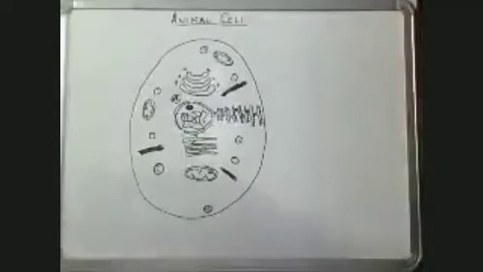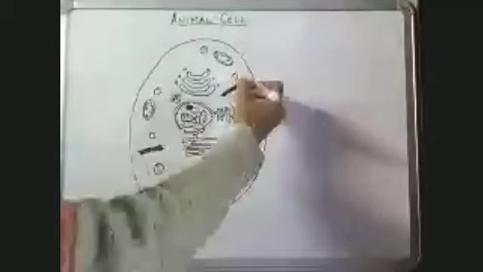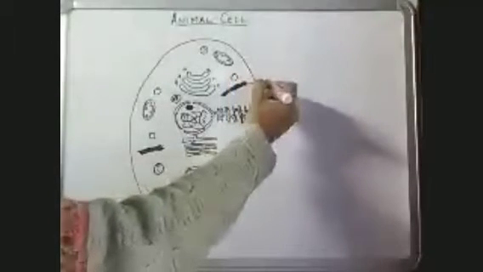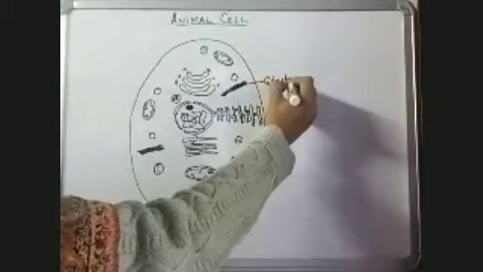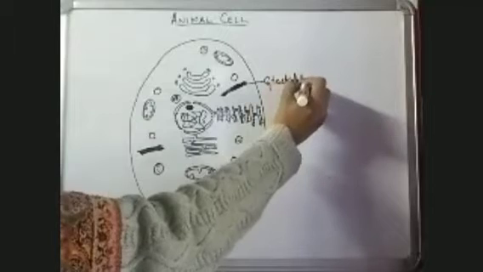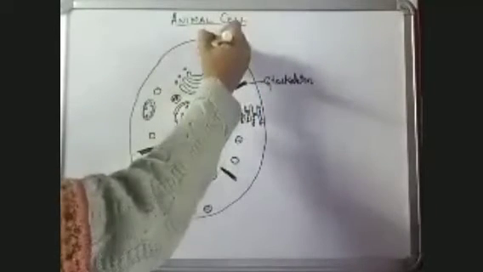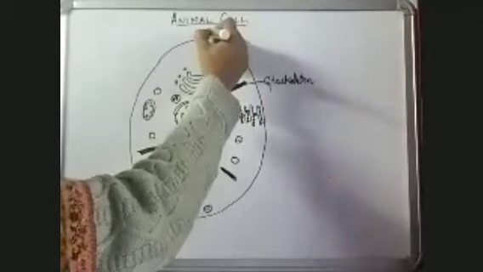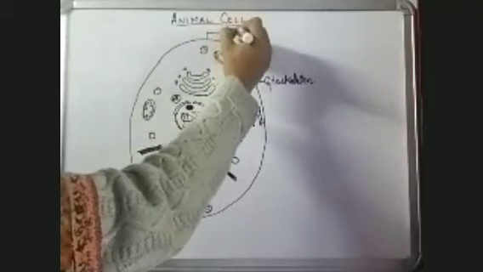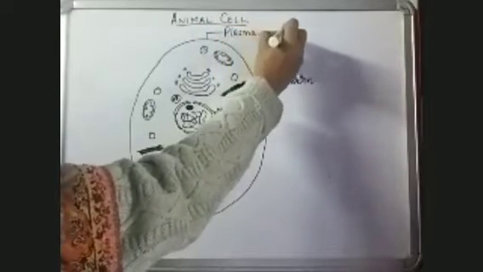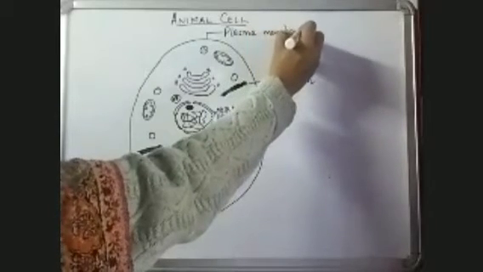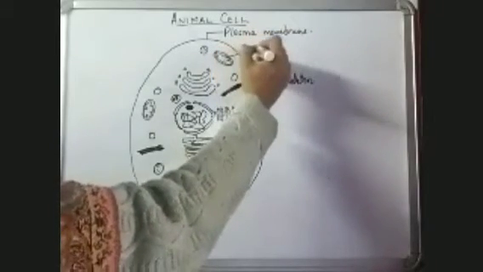Now, if we label it, how will we label it? This is cytoskeleton. This is plasma membrane. This is mitochondria.